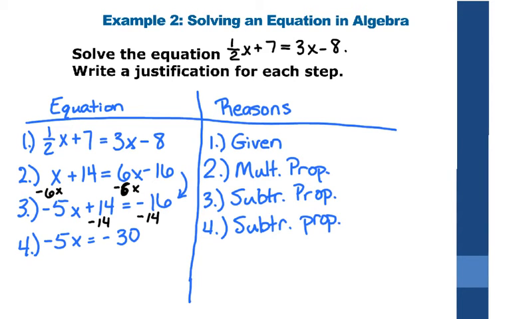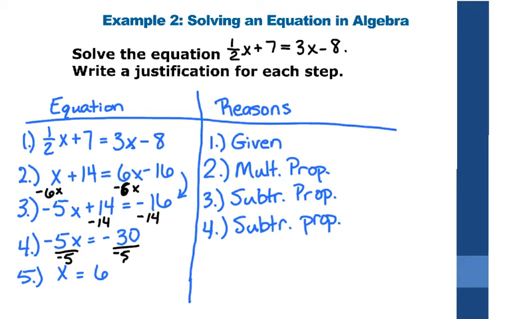And then our last step states x equals 6, which from 4 to 5, what happened is we divided both sides by negative 5 to get x equals 6.